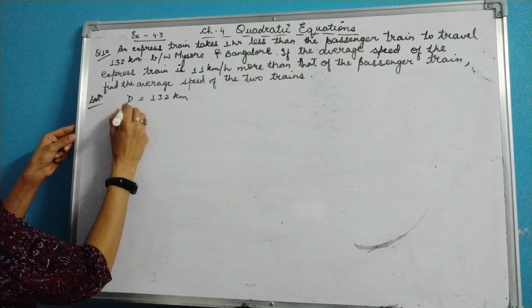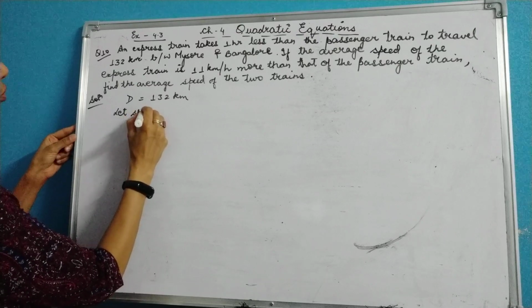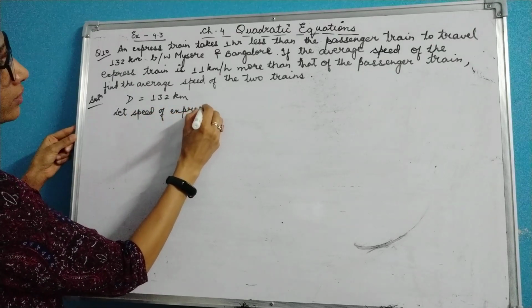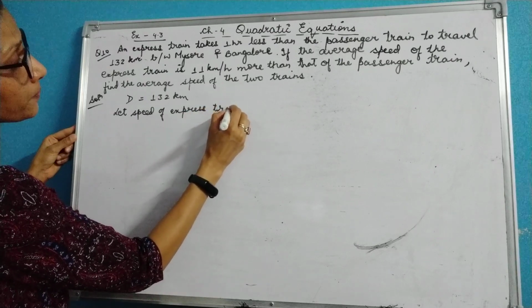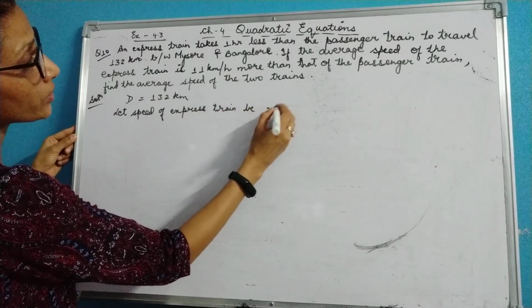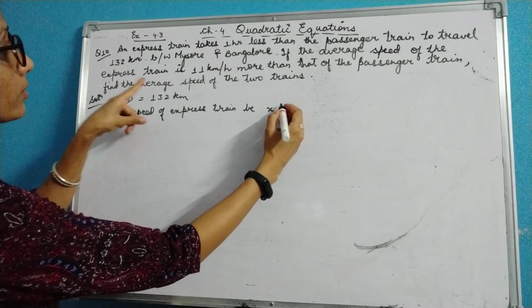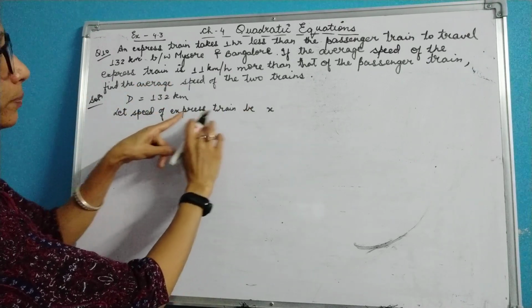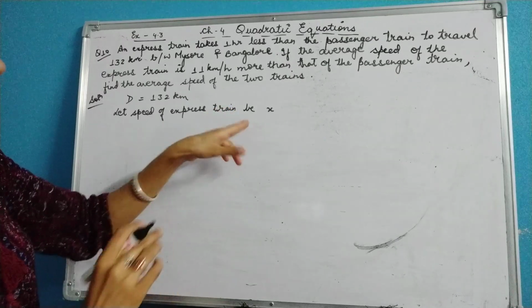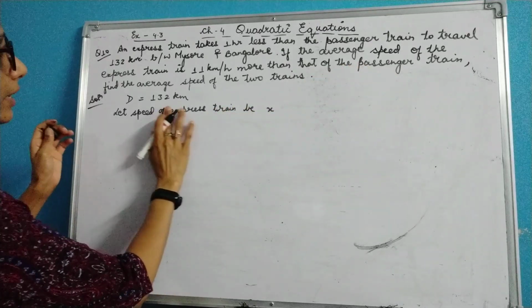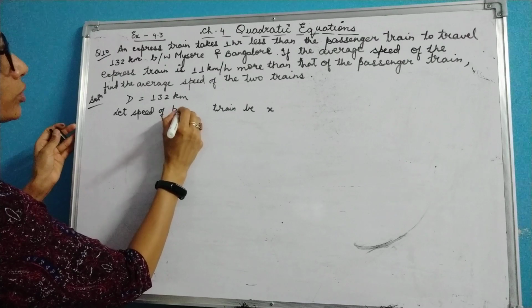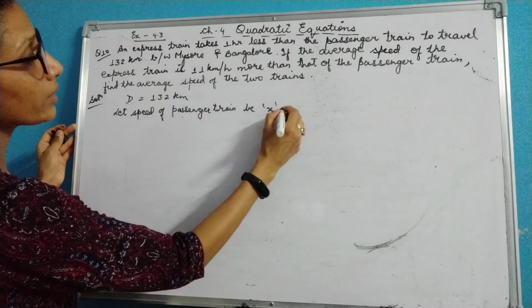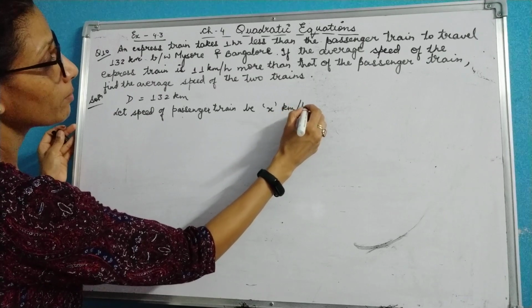So let the speed of the passenger train be x kilometer per hour.